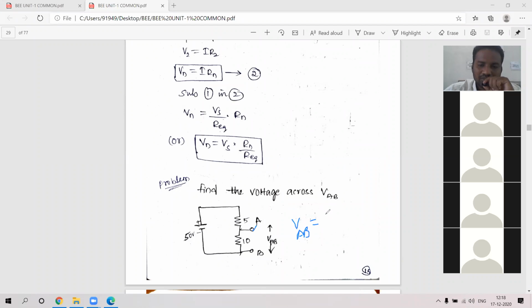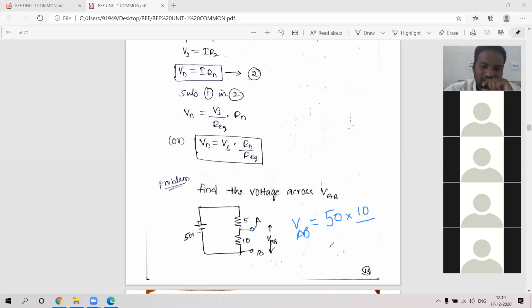Total voltage, how much? 50. Write down the formula, all of you. 50. What is the particular resistor? At AB, what is the resistor you are having? 10 ohms. 10 ohms by total resistance.